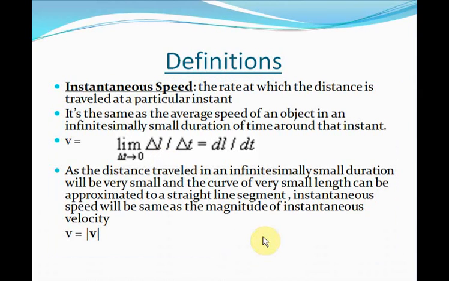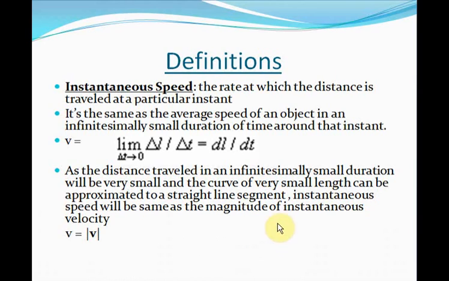Now the distance travelled by an object in a very small duration of time will be very small, and even if the object's path is along a curve, for very small length this curve can be approximated to a straight line segment. So instantaneous speed will be the same as the magnitude of instantaneous velocity.